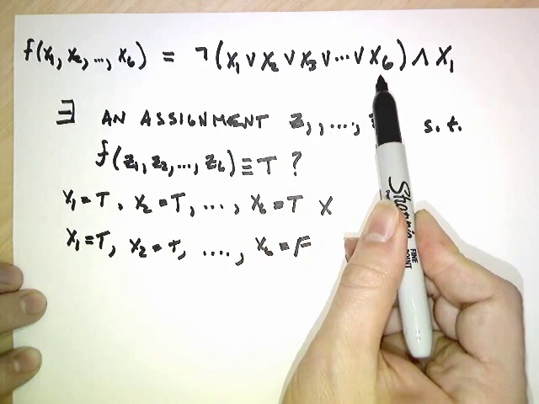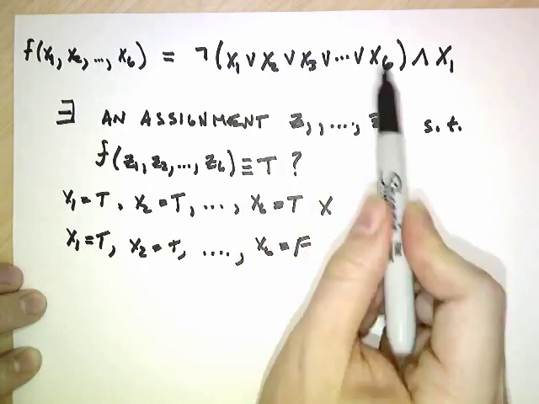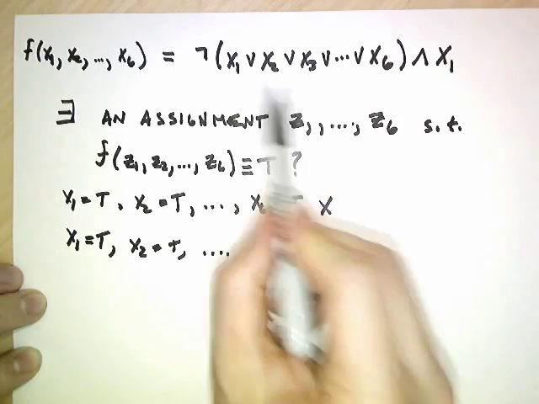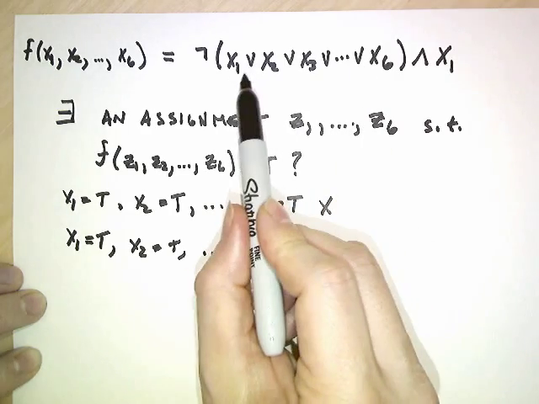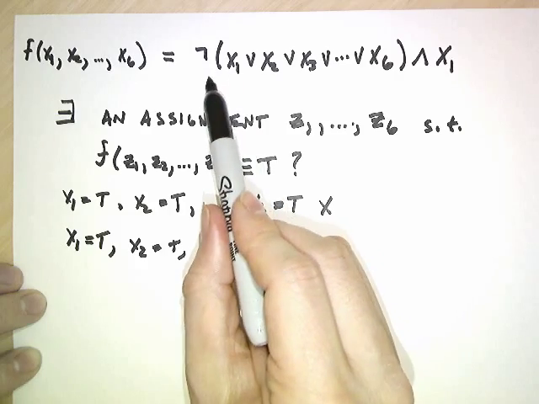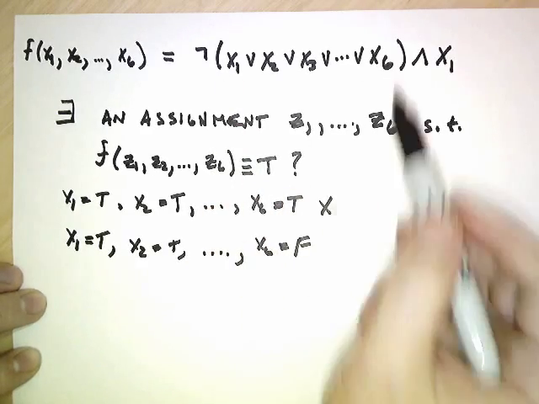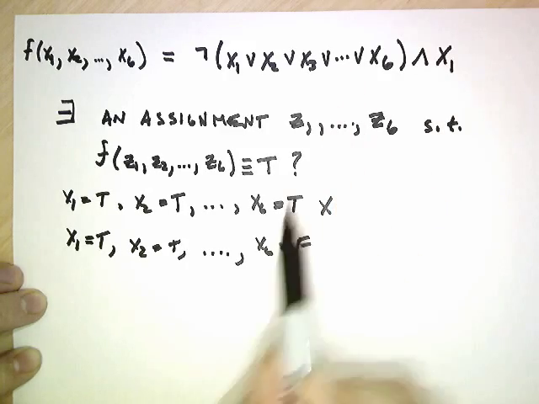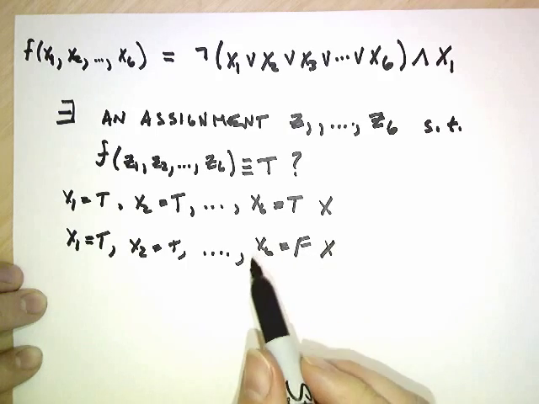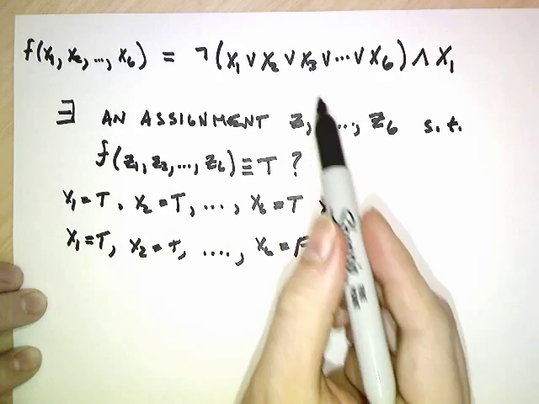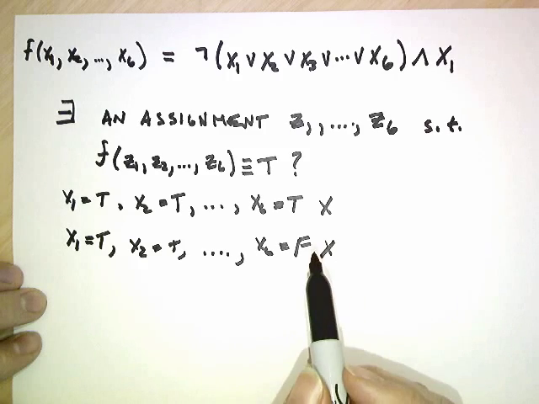I guess x6 will be false, but still, the inner parentheses here, since we're ORing, since one of these literals, say x1, takes on the value true, the inner parentheses expression will be true. We'll negate it, we'll get false, and false and anything is false. So at this point I'm starting to suspect that this formula f is actually unsatisfiable. But how can I prove that to you?